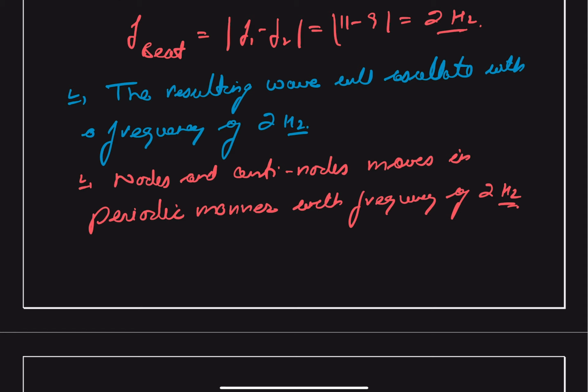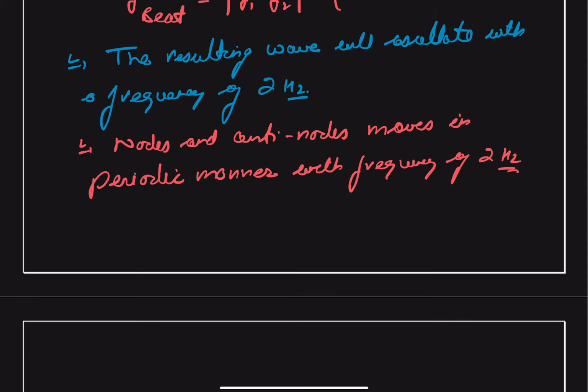Because the graph figures are given with respect to time, the time period of oscillation will be equal to 1 upon 2, and this comes as 0.5 seconds.